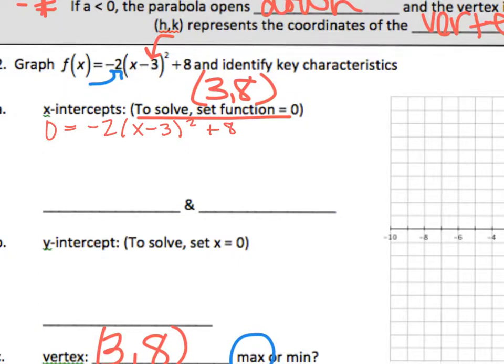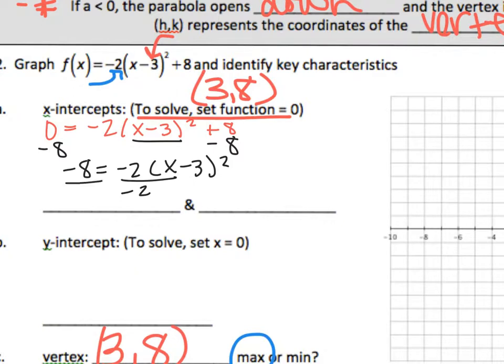So we did this a very, very long time ago, if you remember this. You want to get the x minus 3 squared by itself. So you're going to subtract 8. Divide by negative 2. I'm going to run out of room here. So it's going to equal 4 equals x minus 3 squared.